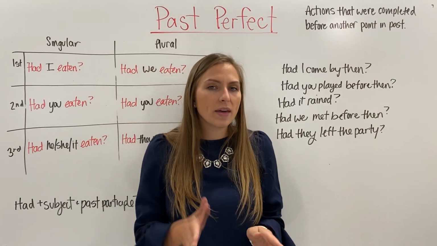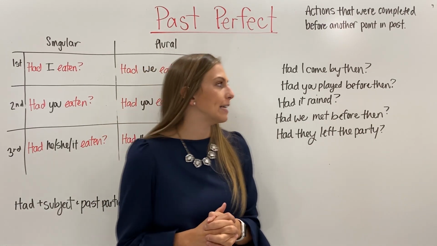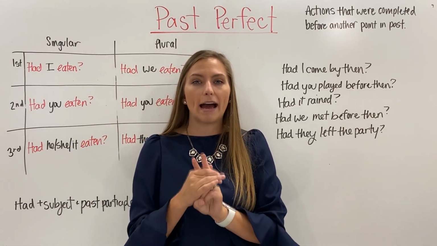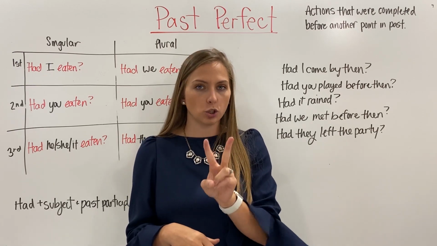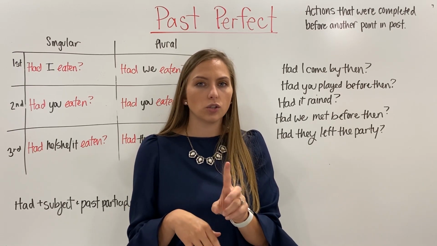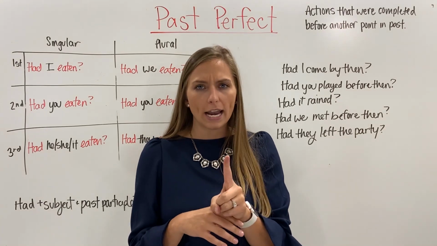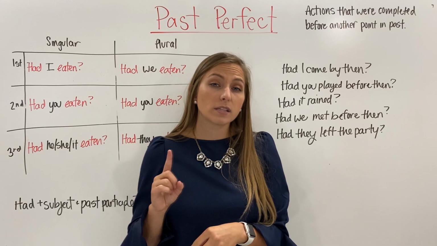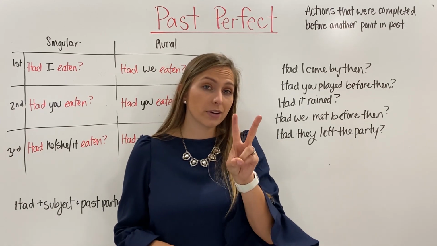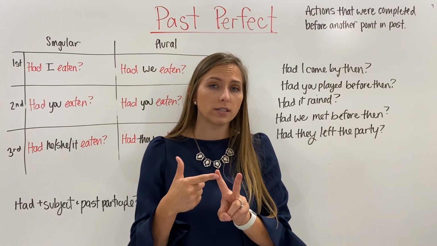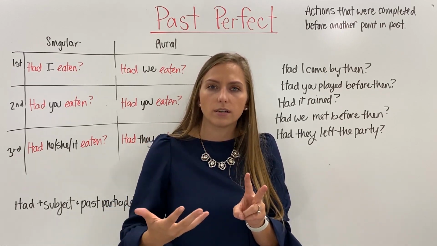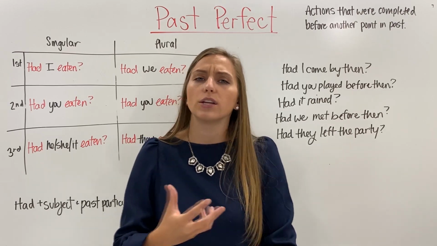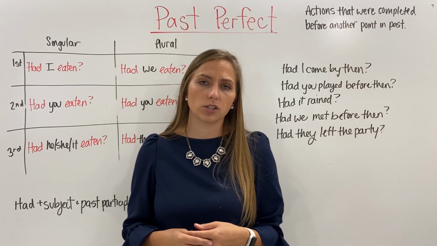Okay, so one thing I want to explain is that I had mentioned before that you have to be talking about two actions, right? You cannot just use talking about one action. Just with one action, you will use the simple past. What's important to know though is even though you need to have two actions, in conversation, sometimes the other person already knows you are talking about two actions.